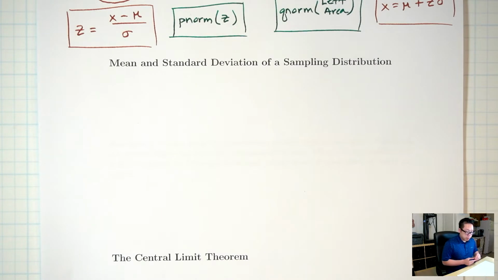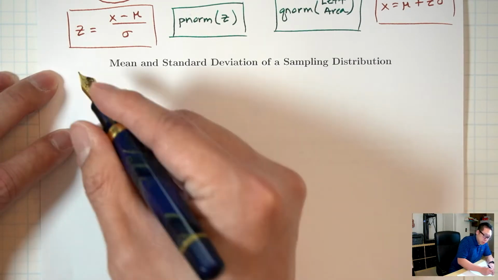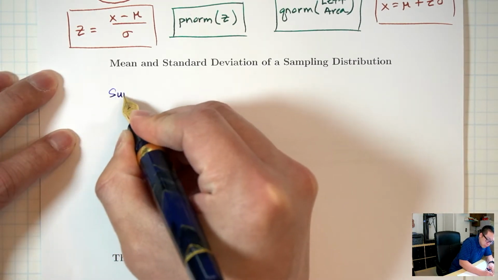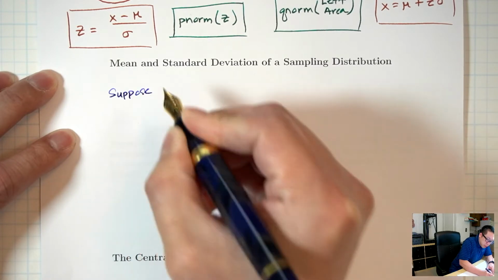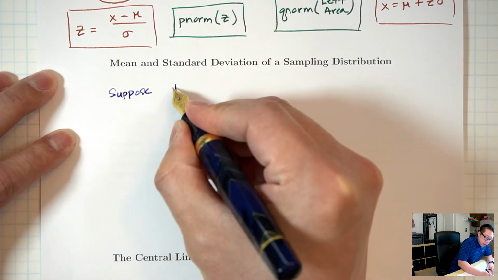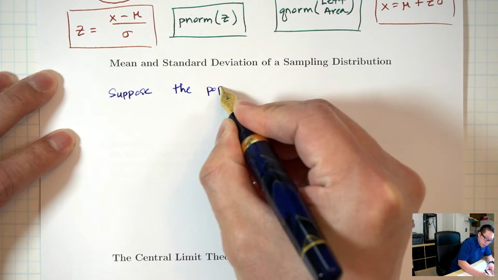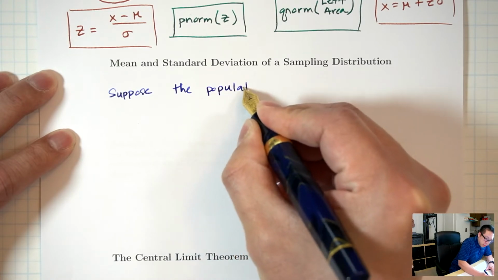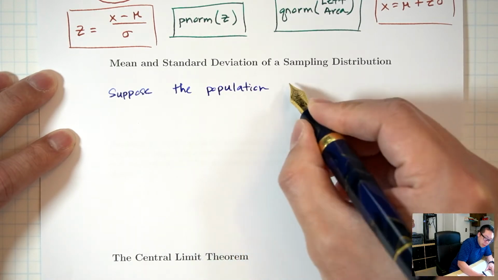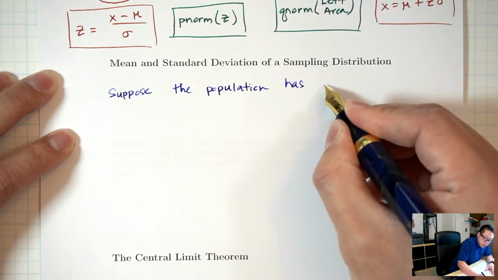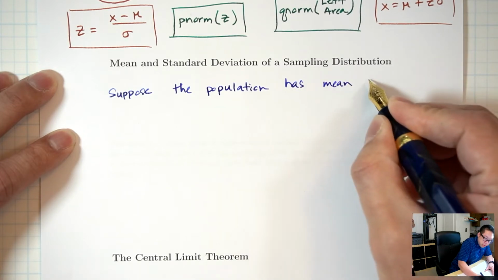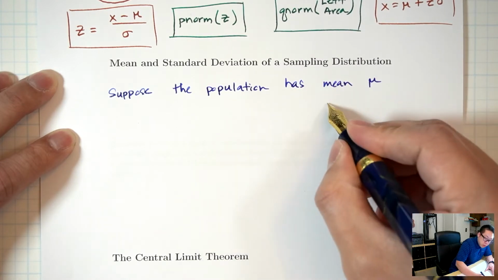The first idea, the setup, is this. Suppose we have a population that has a certain mean and a certain standard deviation.